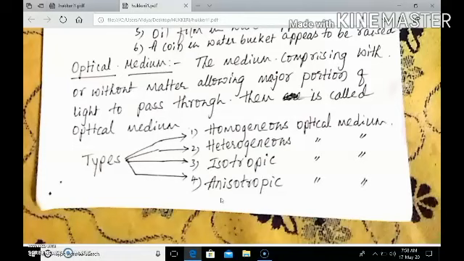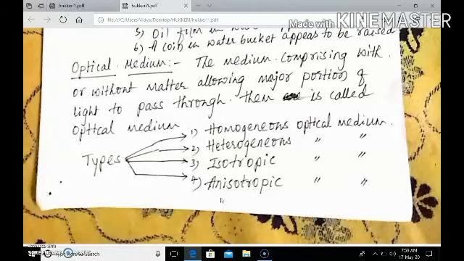Second one, heterogeneous optical medium. The medium is said to be heterogeneous optical medium if the optical density of the medium is not uniform, which varies from region to region. Examples for heterogeneous optical medium: colloidal solutions.